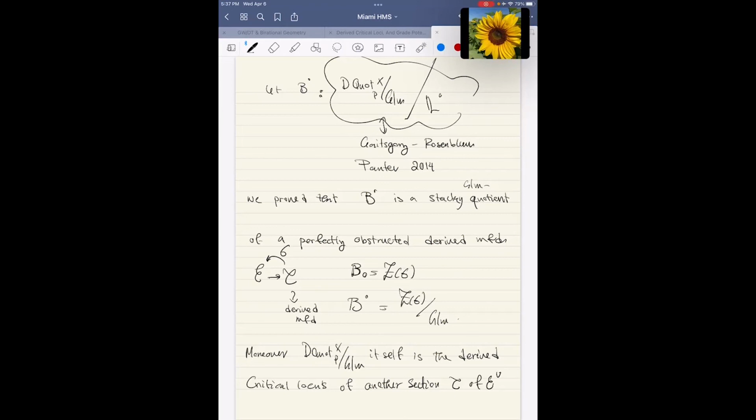So in fact, this itself is the derived critical locus of tau.